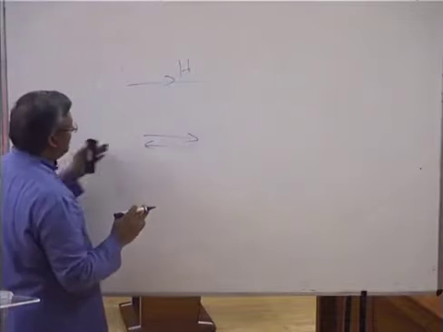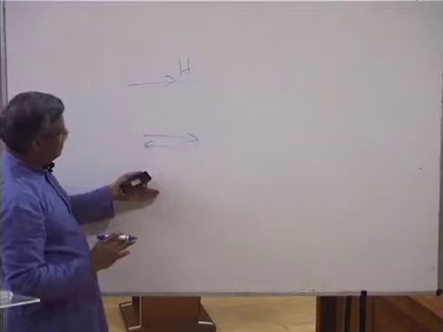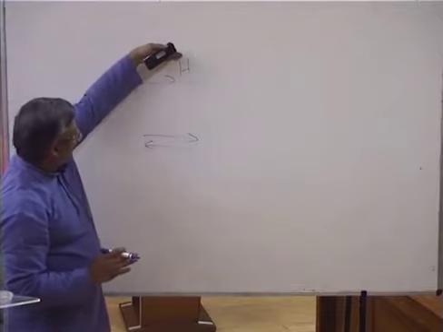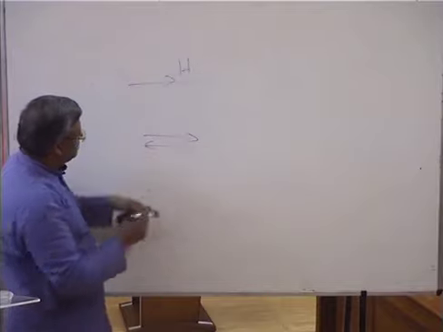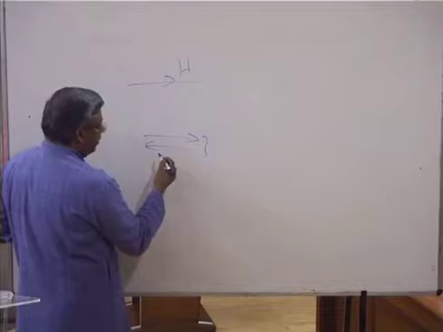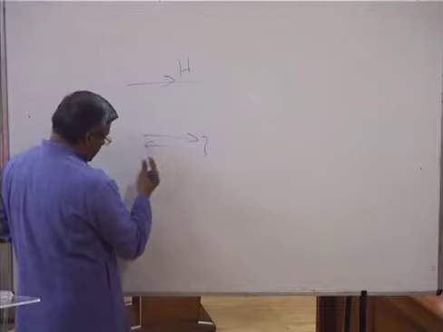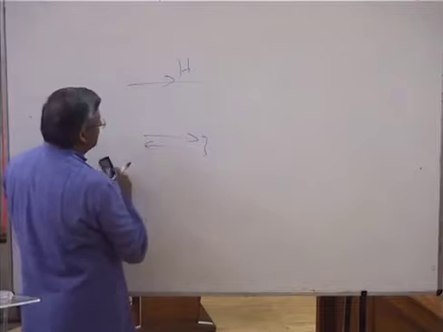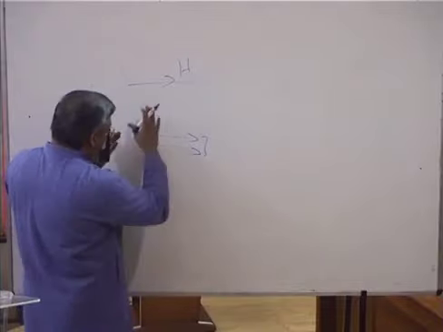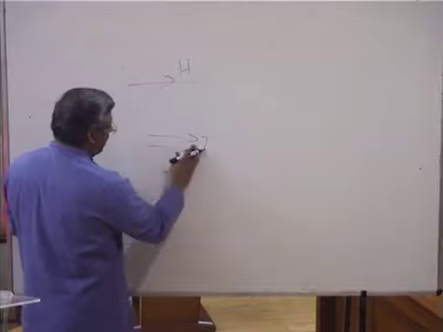Looking at this diagram, what will be demanded by an applied external magnetic field of this system of two oppositely oriented magnetic moments? Of course, the external magnetic field will want this kind of structure, in which they are aligned in the direction of the external magnetic field.